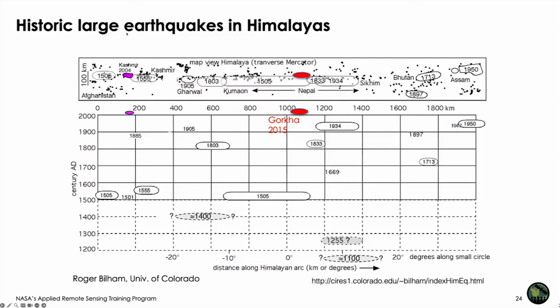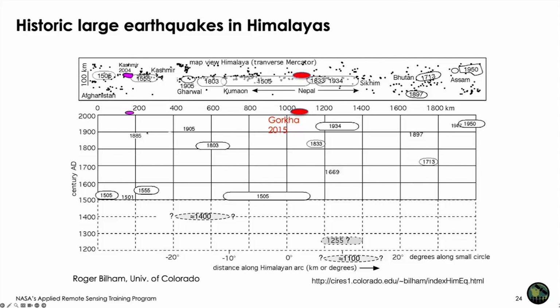The 2005 Kashmir earthquake in the western part of the Kashmir area caused a large number of fatalities in both the Pakistan-controlled Kashmir and the Indian-controlled Kashmir. And then there was the 2015 Gorkha earthquake in Nepal, which ruptured an area in central Nepal.